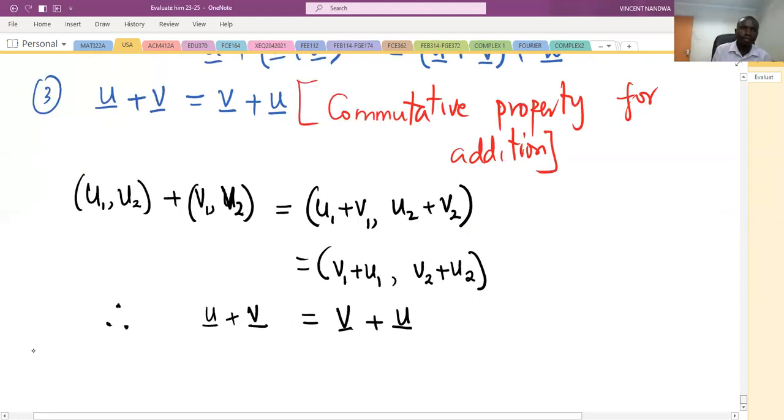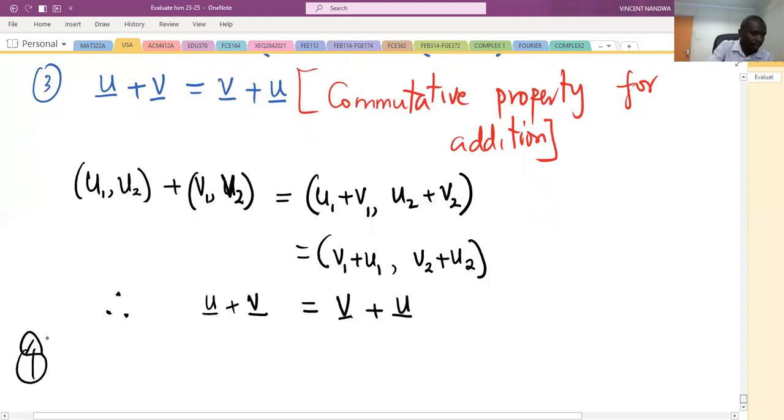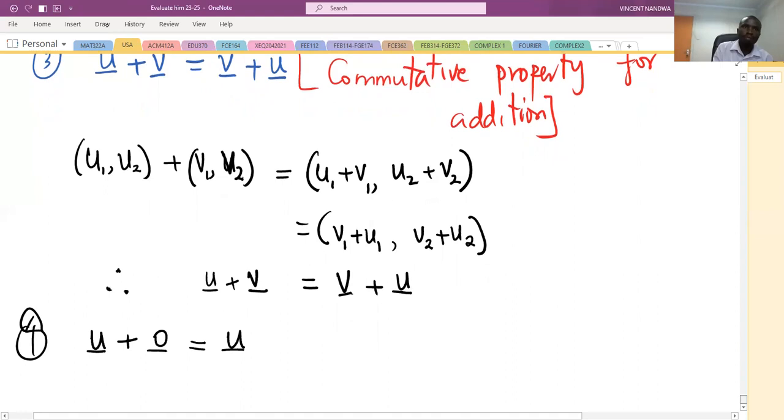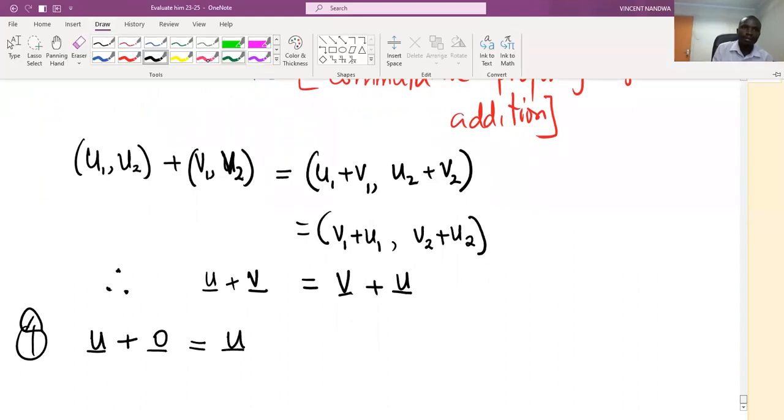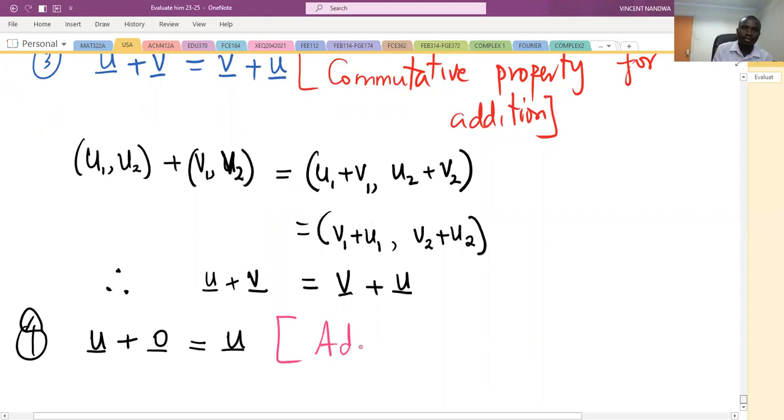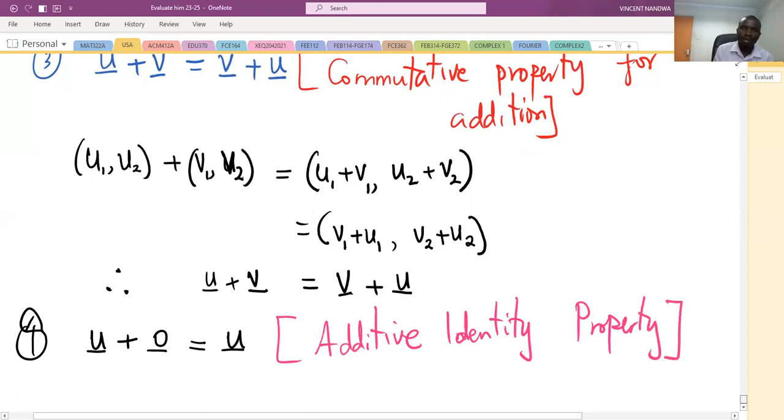Number 4, if I have U plus a 0 vector, then I get just U. This property is called the additive identity property. The 0 vector is what we call the additive identity.